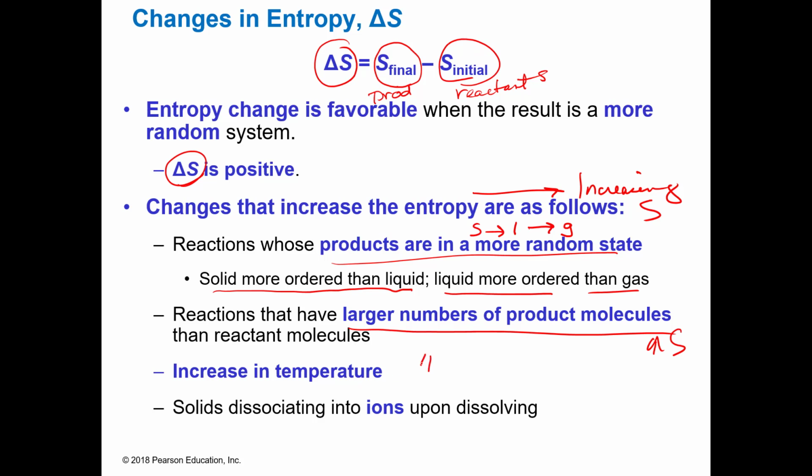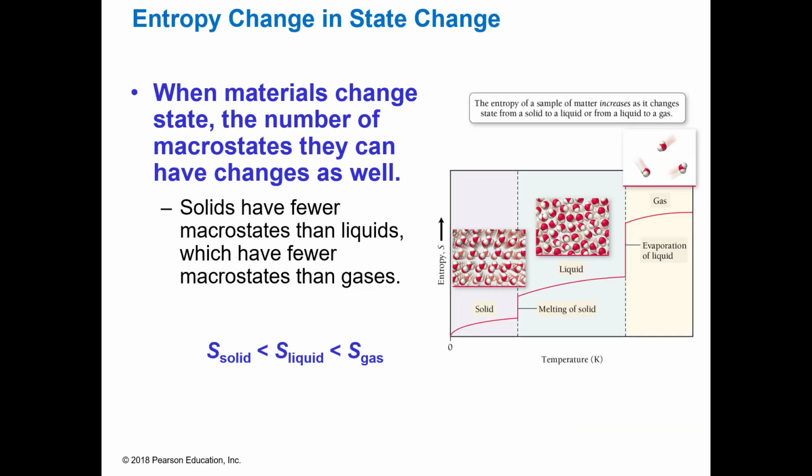The higher you increase temperature, the higher you're going to increase entropy. Solids dissolving into ions, when you put a solid and dissolve it in water and make it aqueous and it turns into ions, that entropy is going to increase because you're spreading them out.